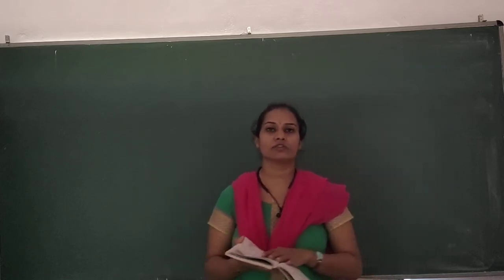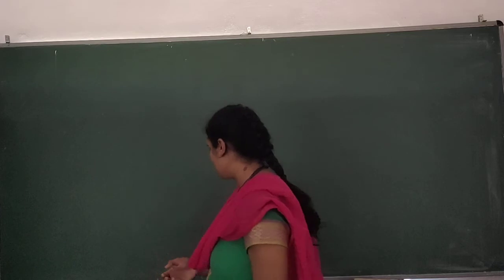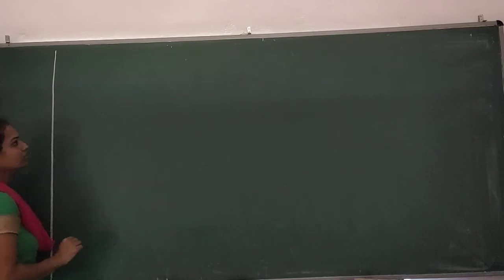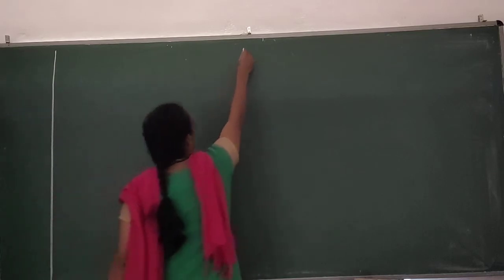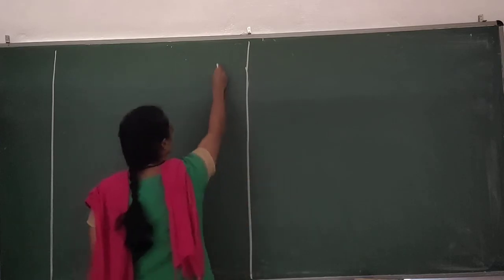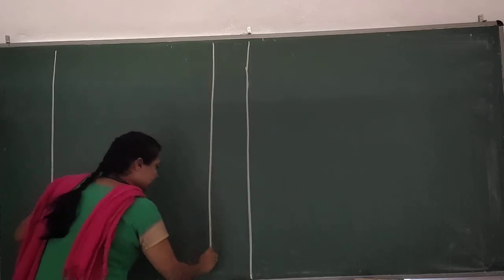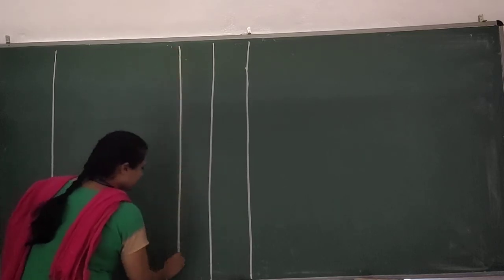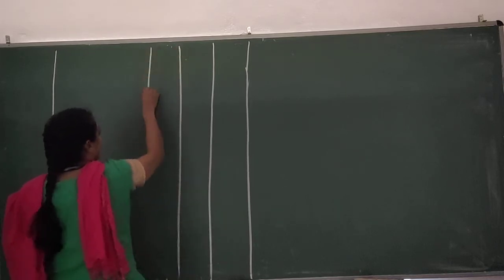So let's start solving the problem. Then you will get to know how this problem is calculated, and you will understand it very clearly. The first thing, I am just dividing my board into 2 parts so that I have enough space. In this particular problem, there are units, so you will have 3 columns.